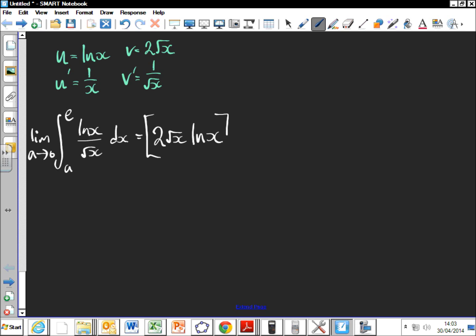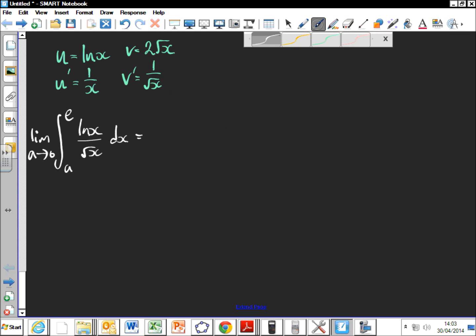I've got to remember to put in the e and the a into there. I've got to be really careful with the notation here. The limit when a goes to 0, and that is the same as the limit when a goes to 0 in.